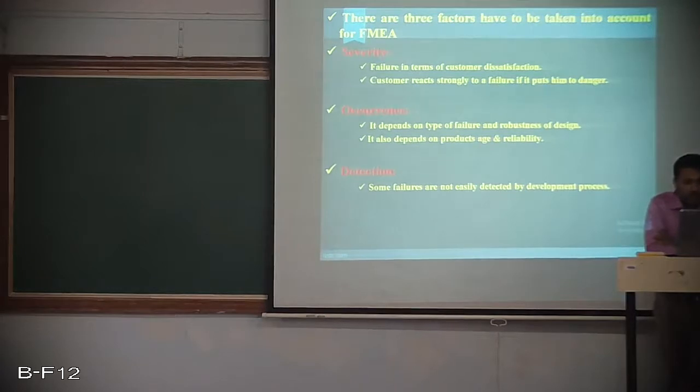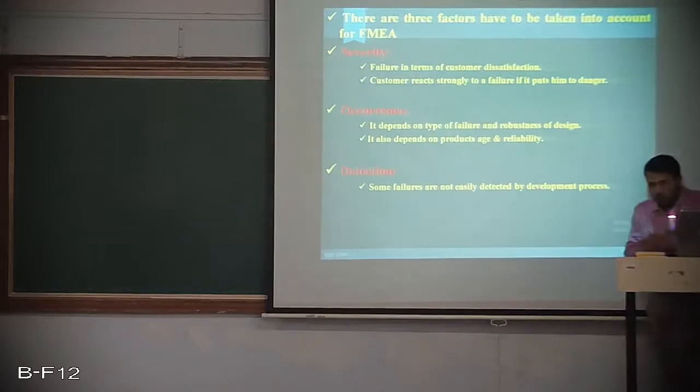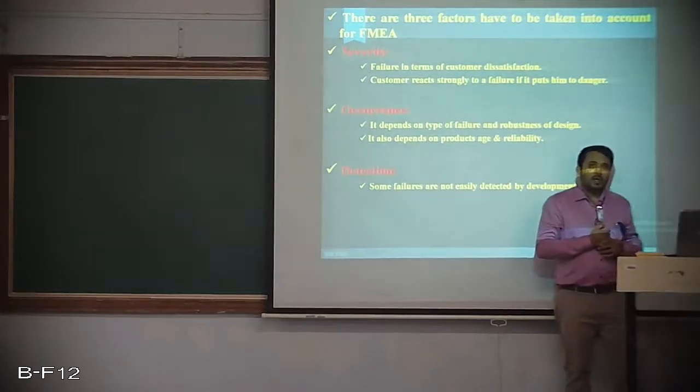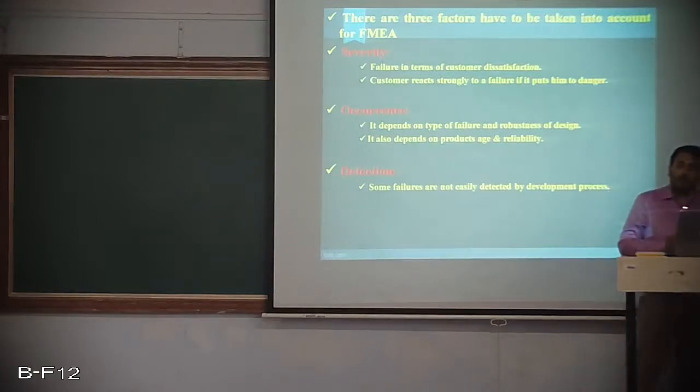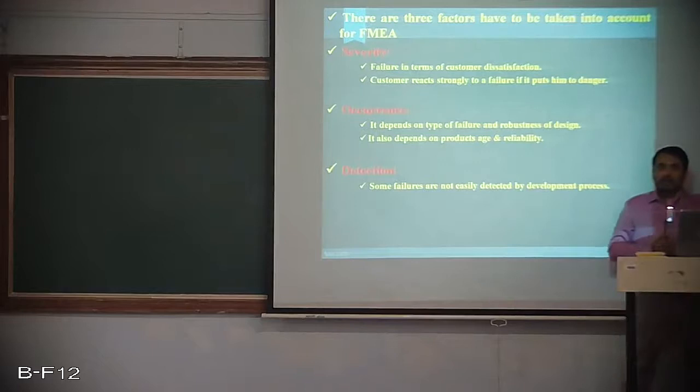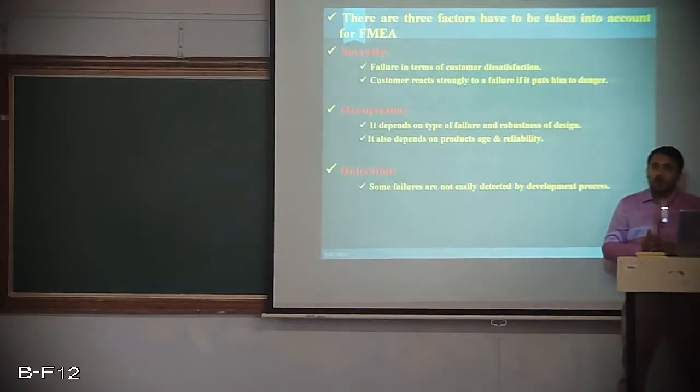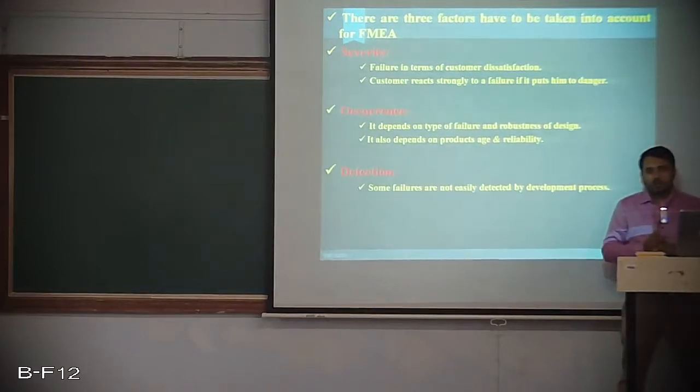Occurrence depends upon the type of failure and robustness of design. It also depends on the product's age and reliability. Occurrence is how often a particular failure of a part or product is occurring, whether very often or not very often.